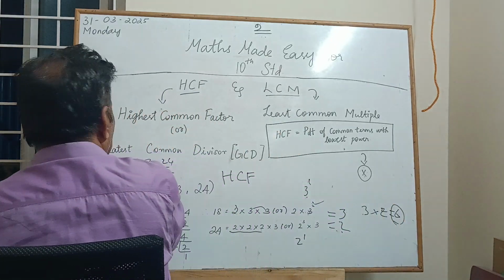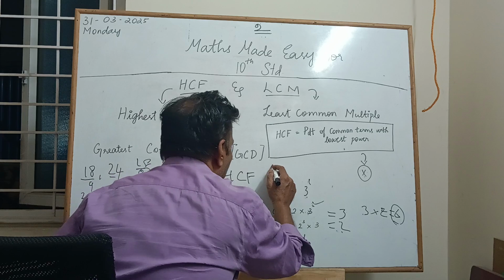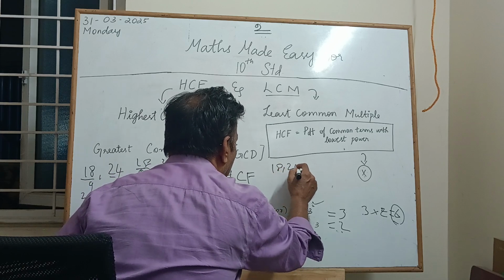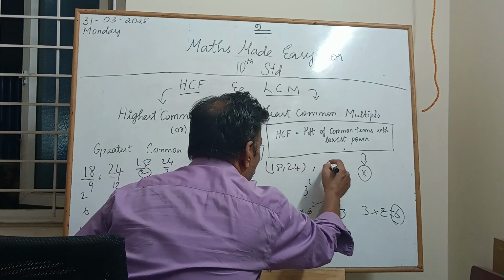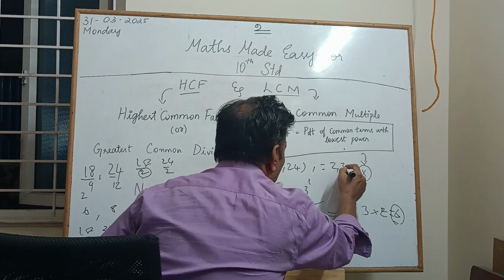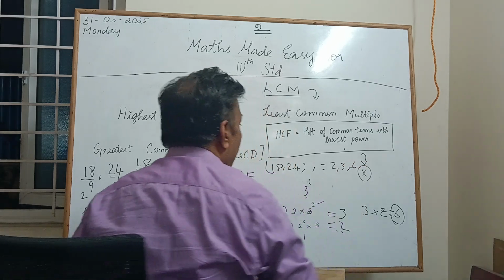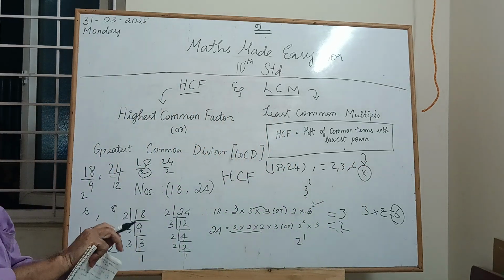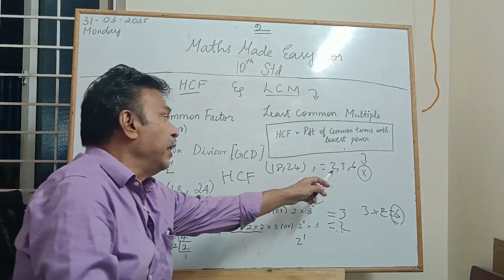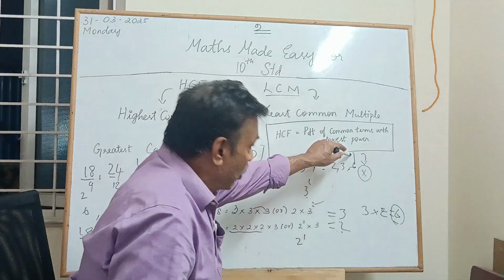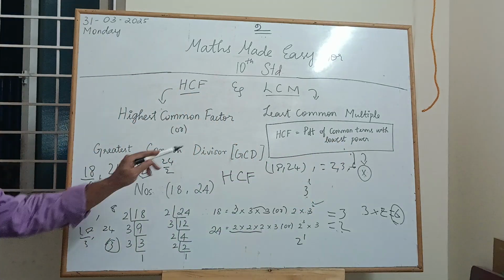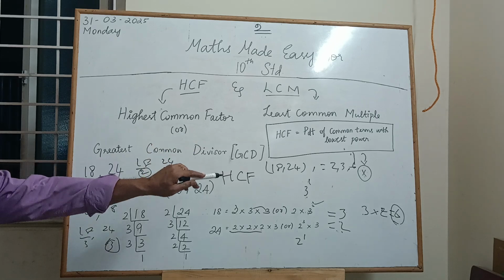So 18 and 24 can be divided by 2, 3 and 6. But among 2, 3 and 6, 6 is the highest. That is why it is called the highest common factor.